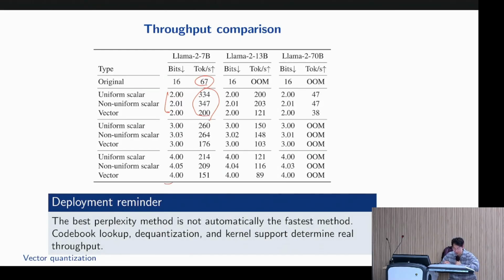If you use 4 bits, you get a modest improvement, like 2.5x throughput increase. But for 3 bits and 4 bits, the 70 billion model outputs an out of memory error for this specific GPU. I think this is using an RTX Ada GPU.